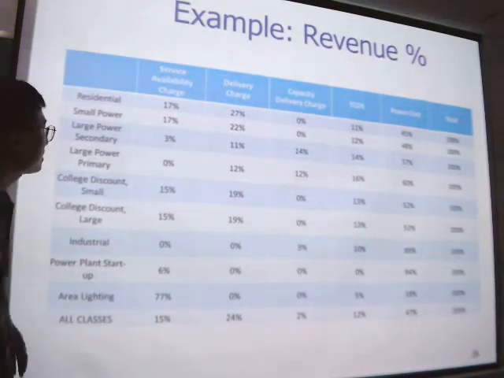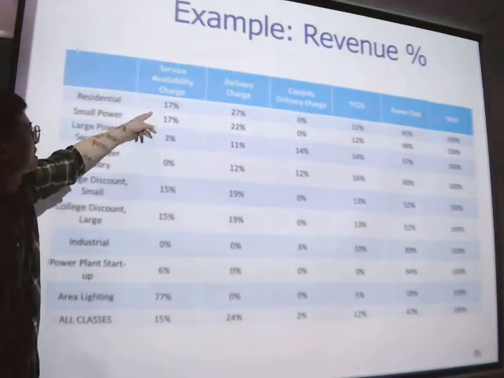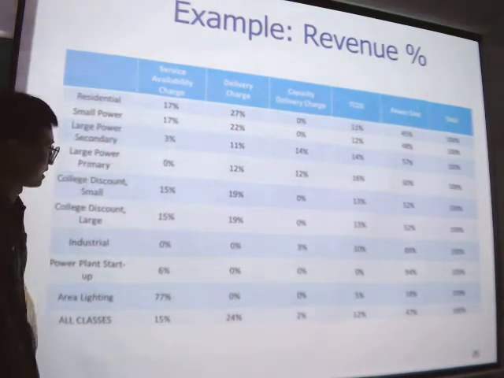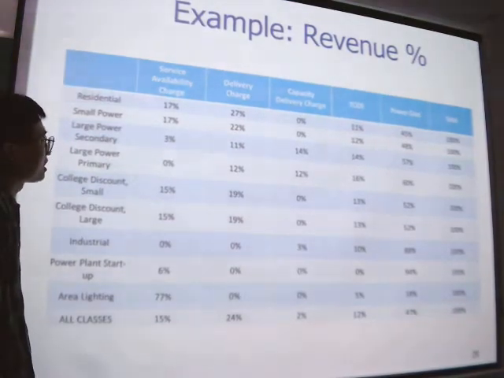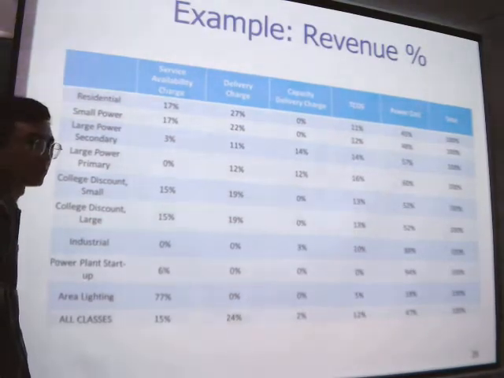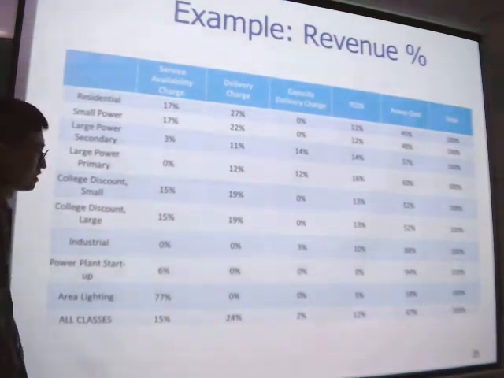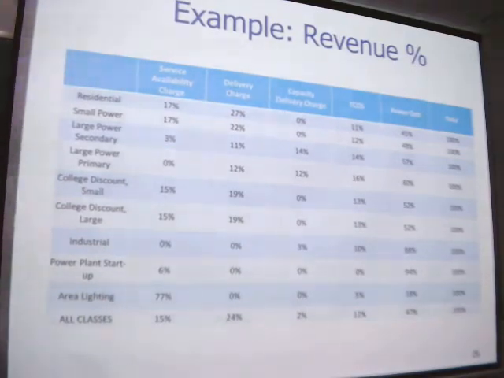What you can see is that in America's service availability charge, the residential and small power share is 13%. It's a relatively very high percentage contributing to the revenues. From my view, American people are living a very wasteful lifestyle.